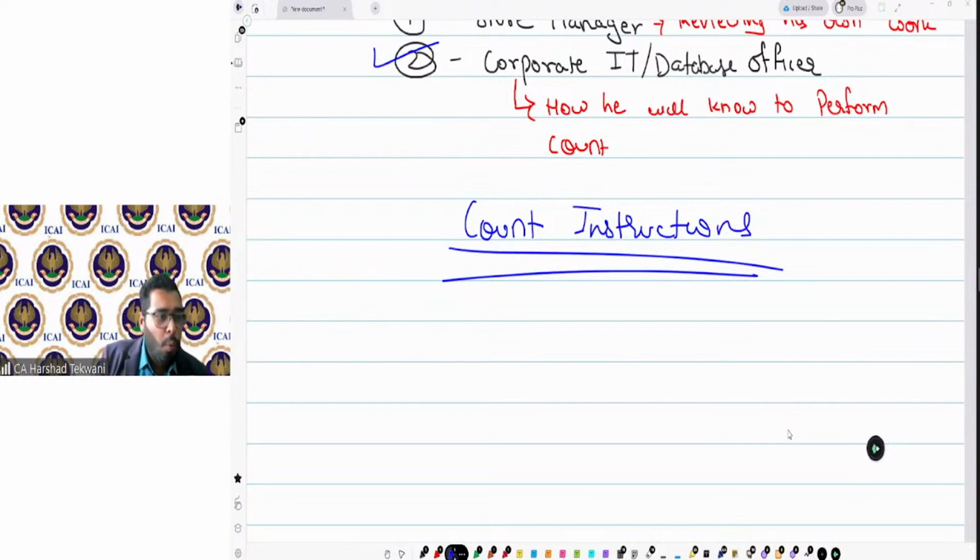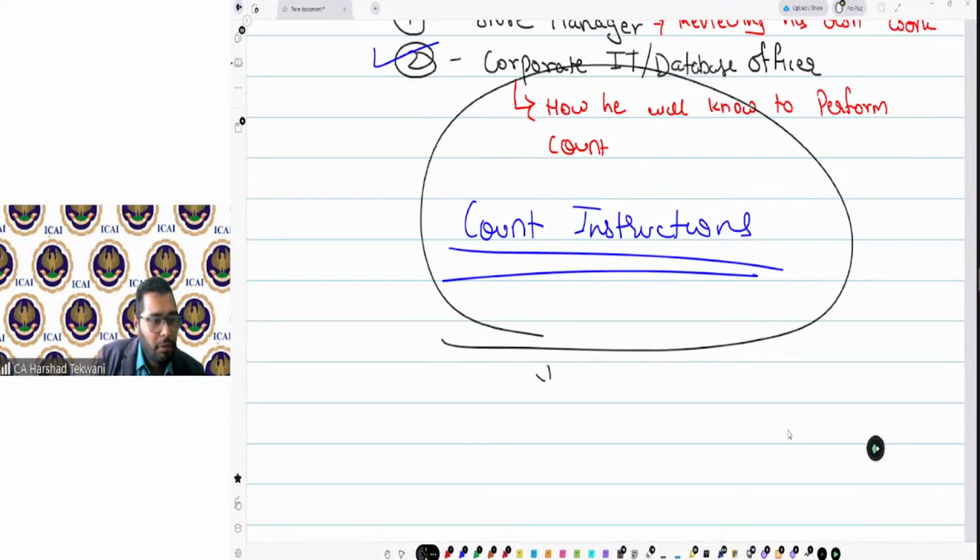Number two, what was written in this instruction. So I need to go and check what is written in this count instruction: how many samples, the method, whether it is clear or not, when to start, when to end, what date to pick, what things to focus upon, and what things to ignore.